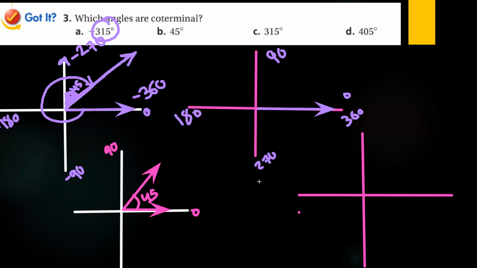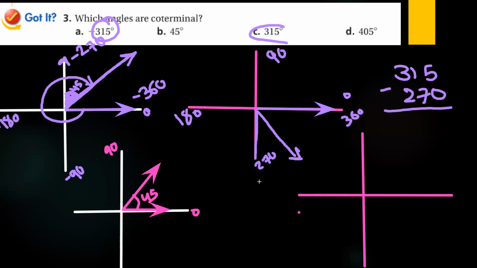Then 315 minus 270. Exactly. You have to subtract now 315 minus 270 in order to find the angle between the 270 and the 315, to help me where I should locate my angle.